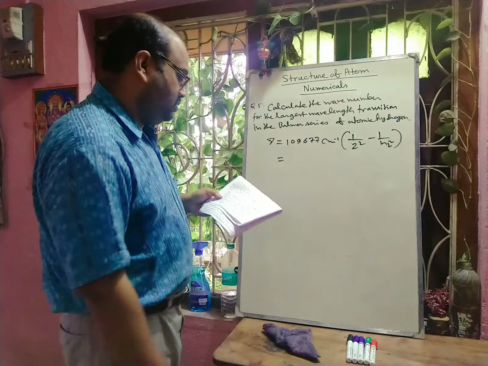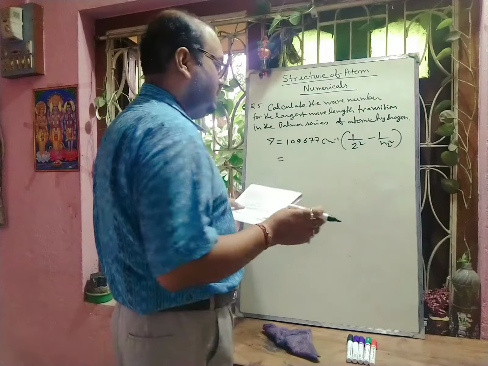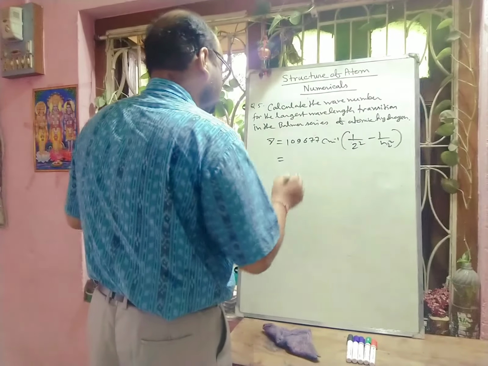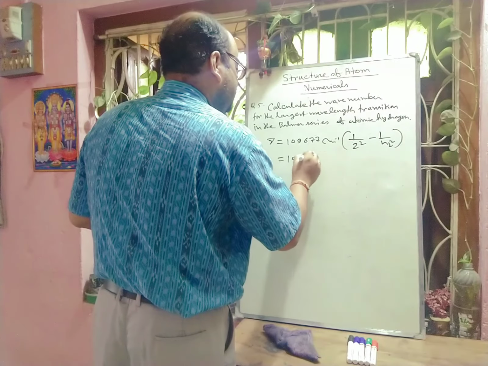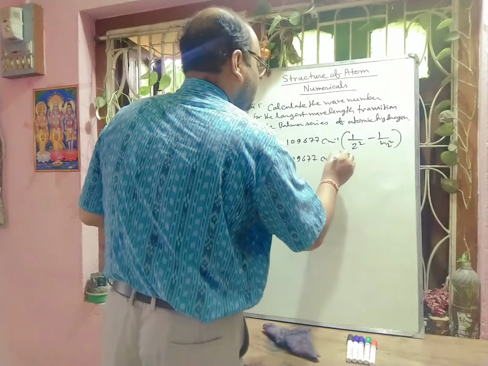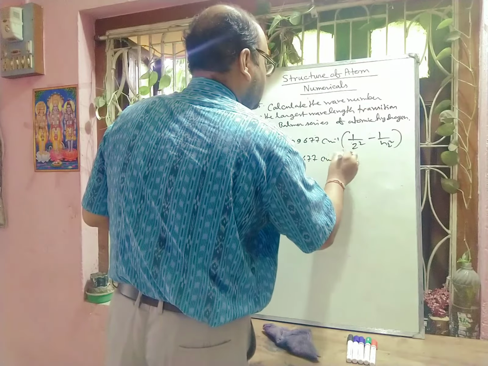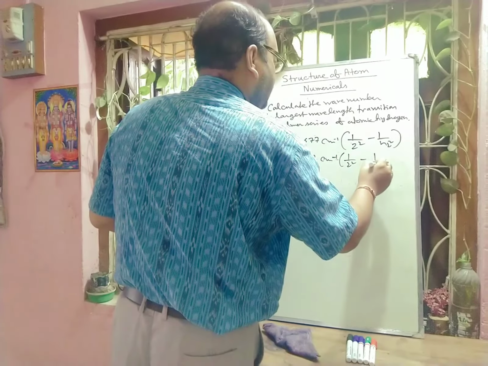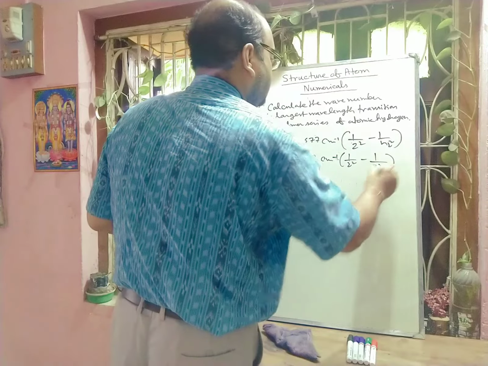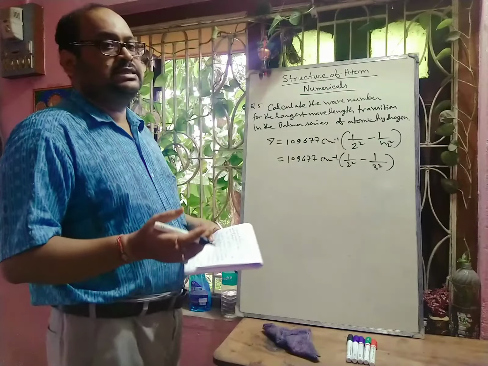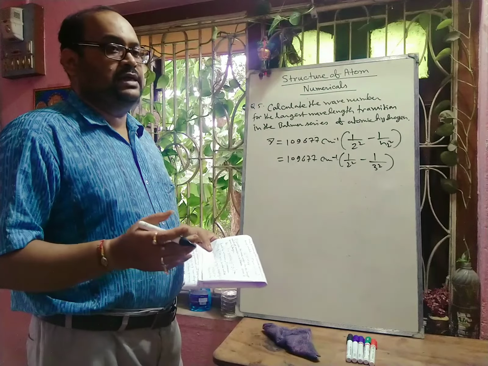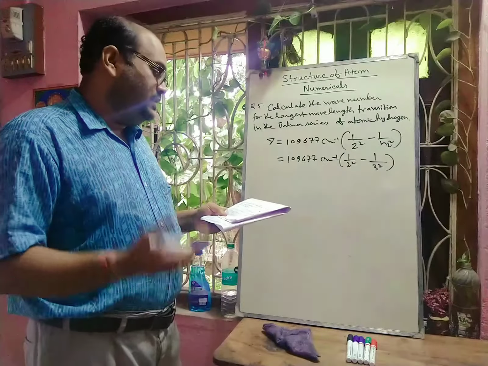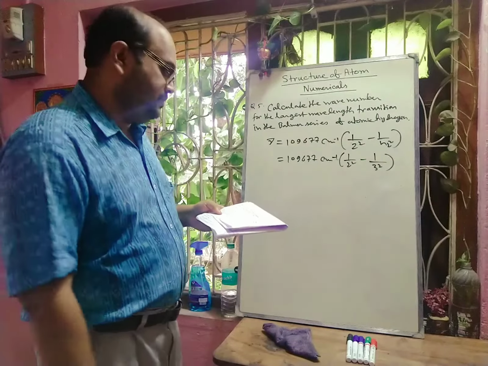So the n2 value will be 3 here. So 109677 centimeter inverse into 1 by 2 square minus 1 by 3 square. I am telling that when the energy gap is small, then the wavelength will be the maximum. Okay.